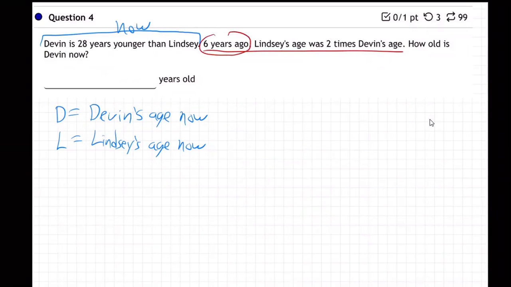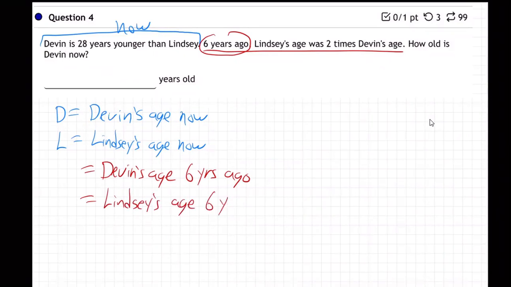6 years ago. So I need a formula then for Devin's age 6 years ago, and I also need one for Lindsay's age 6 years ago. So what's the formula going to be for Devin's age 6 years ago?